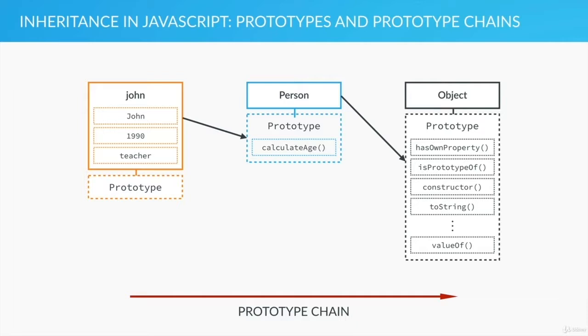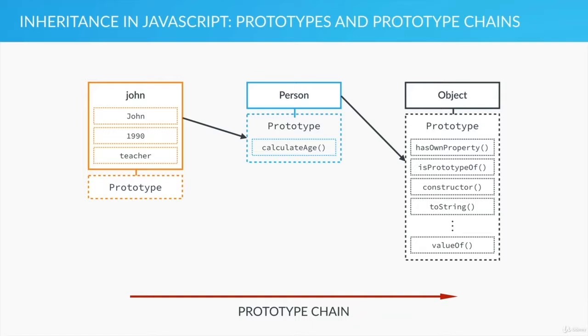So, the prototype chain is what makes all this inheritance possible. And here is how it works. When we try to access a certain method or property on an object, JavaScript will first try to find that method on that exact object. But if it cannot find it, it will look in the object's prototype, which is the prototype property of its parent. So it moves up in the prototype chain.